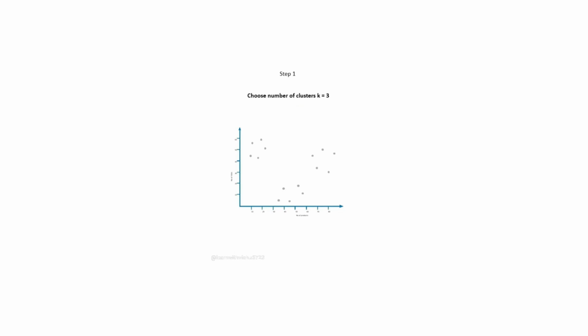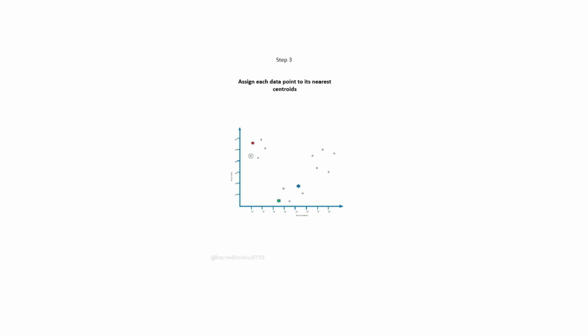Let's learn k-means algorithm in just 1 minute. In step 1, we have to decide how many clusters we want, which is denoted as k in k-means clustering. Let's say we are expecting 3 clusters in this case. Then in step 2, we have to randomly initialize 3 data points. These 3 data points are called centroids. And in step 3, we have to assign each data point to its nearest centroid.